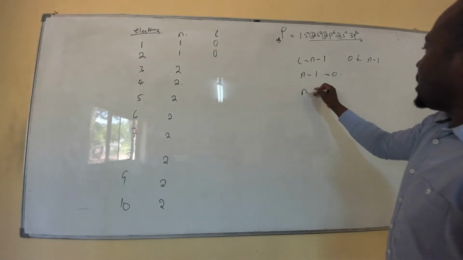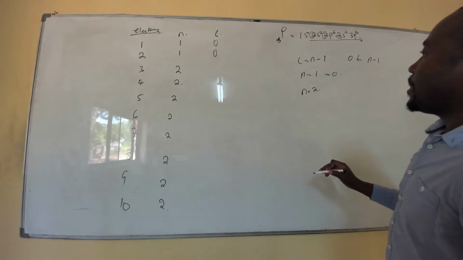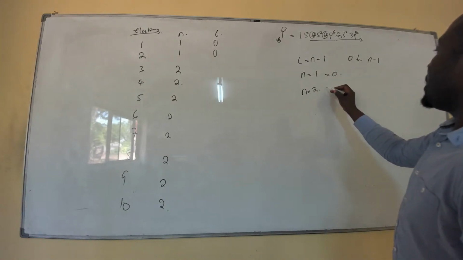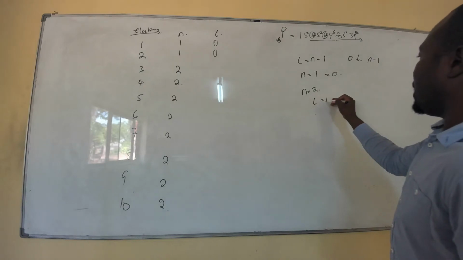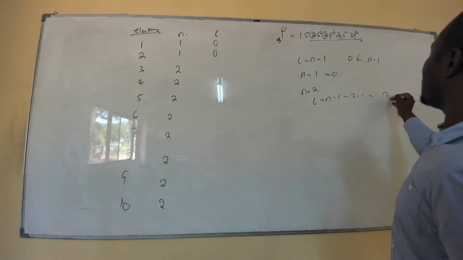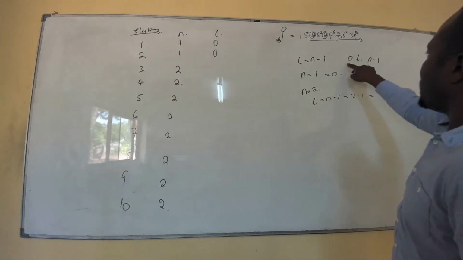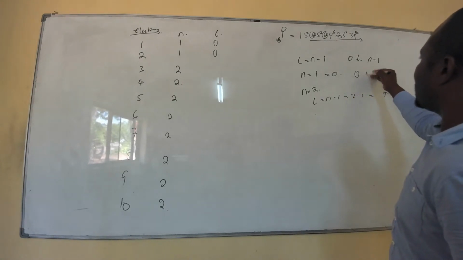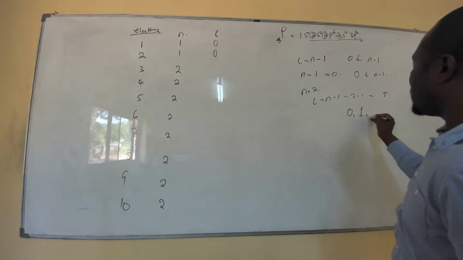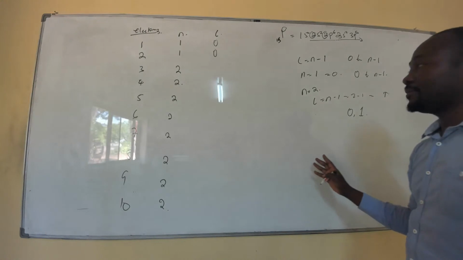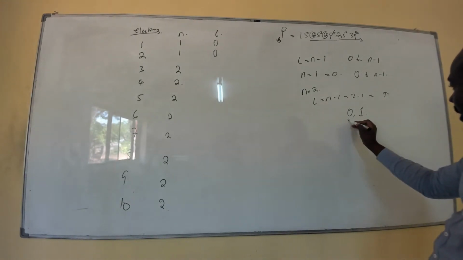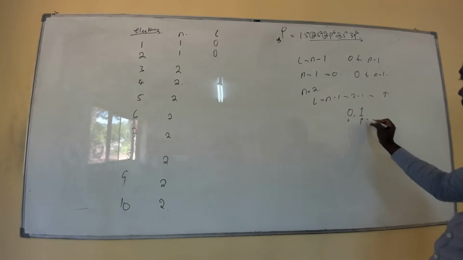Then when N equals 2, L will be N minus 1, 2 minus 1, which equals 1. So using 0 to N minus 1, you have 0, 1. We use it the same way we use the number line, right? Then we know the 0 is an S, and the 1 is the P.